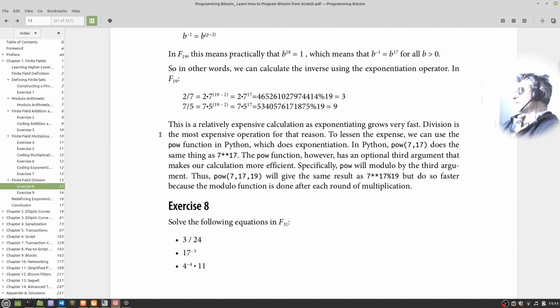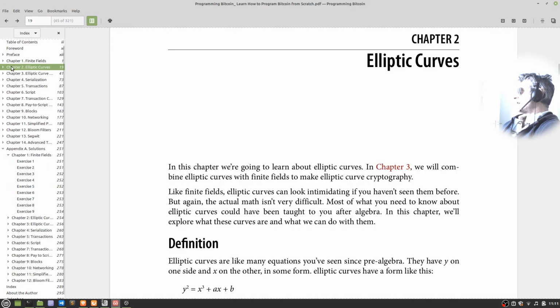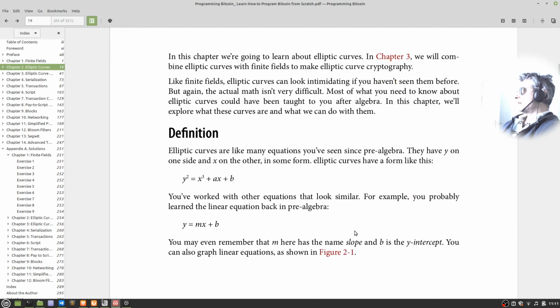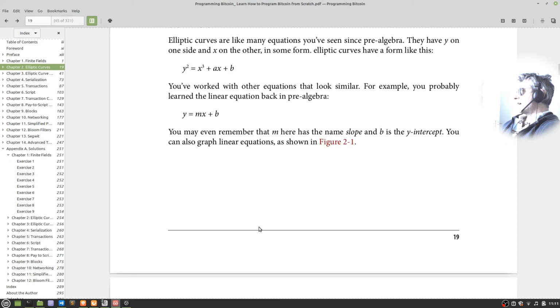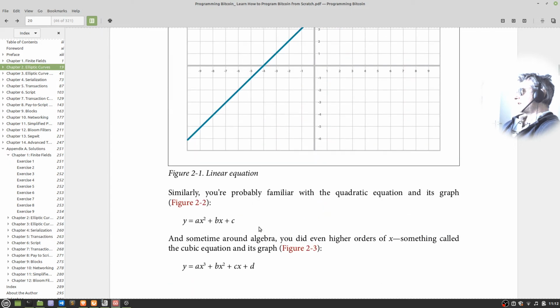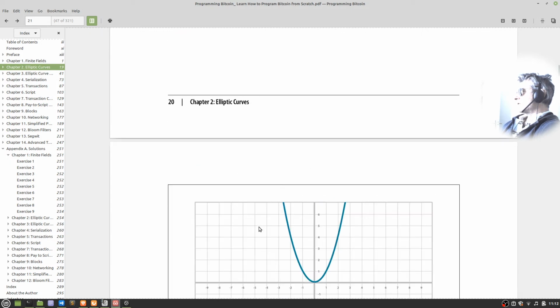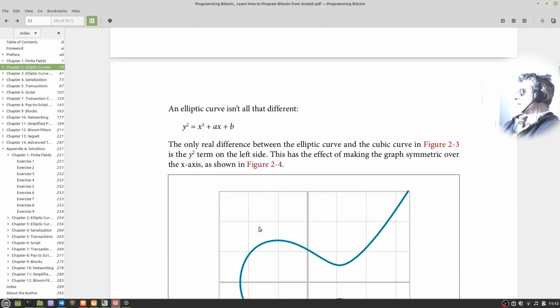Again, this all leads up to chapter 2, which is elliptic curves. You may have heard of elliptic curves. In Bitcoin, there is a standard elliptic curve, which if I scroll down, it is, so this is a prototype for an elliptic curve.